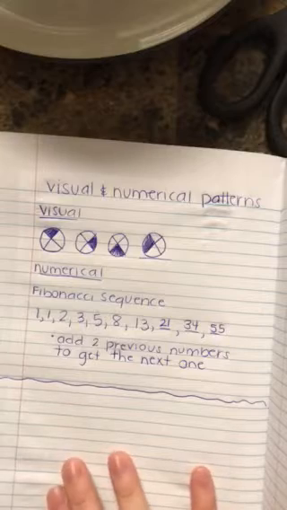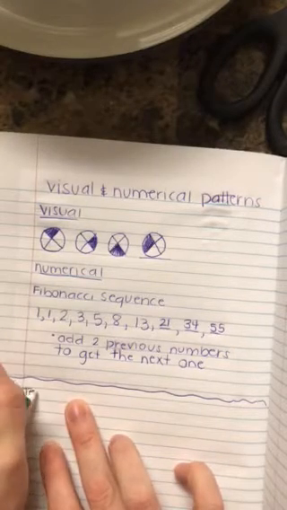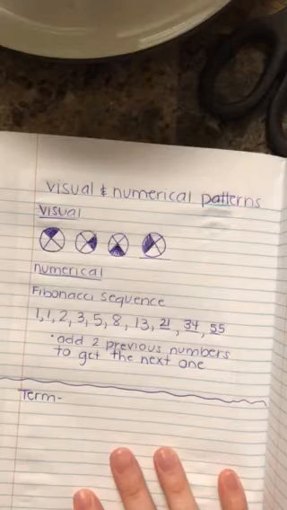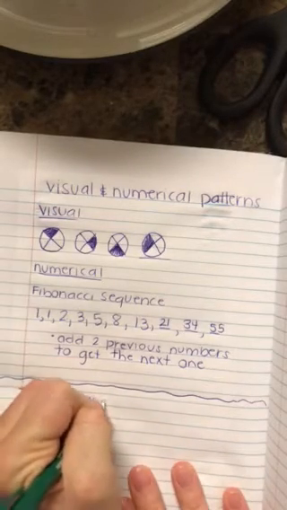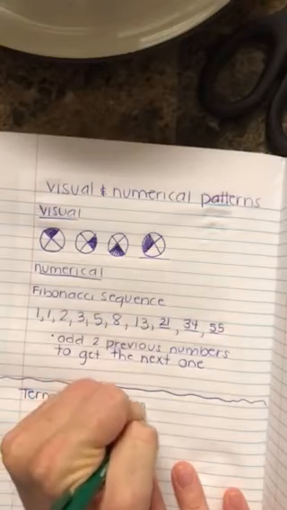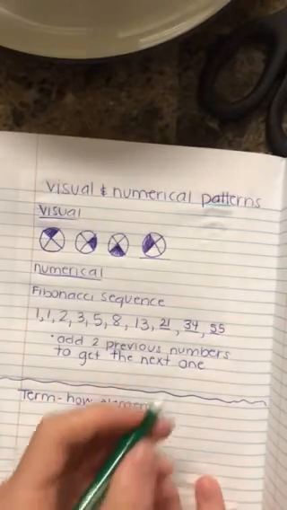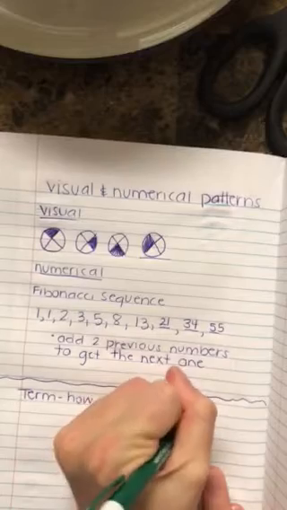First thing I want you to do is write down a couple of these definitions. The term is how the elements in a pattern are counted.